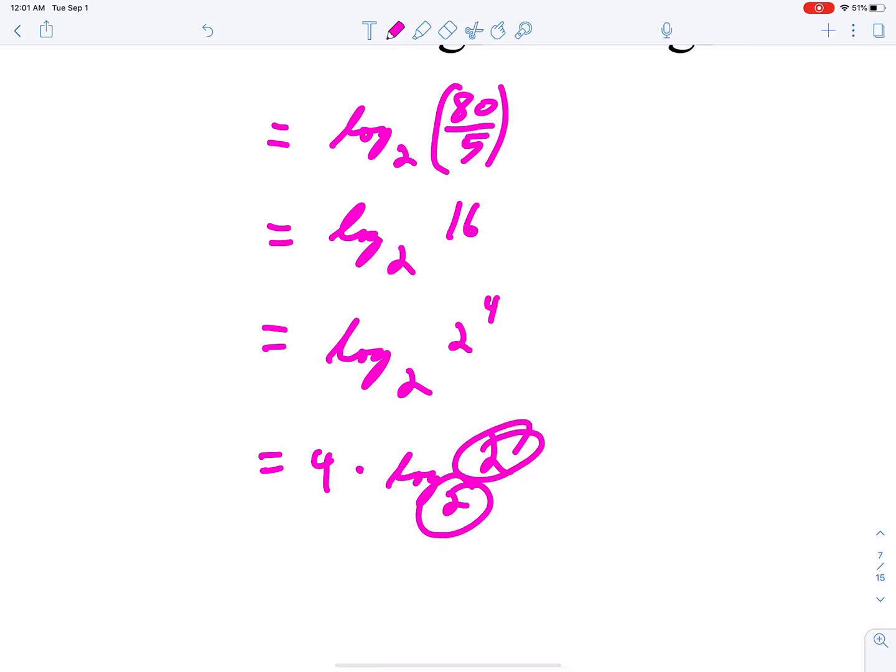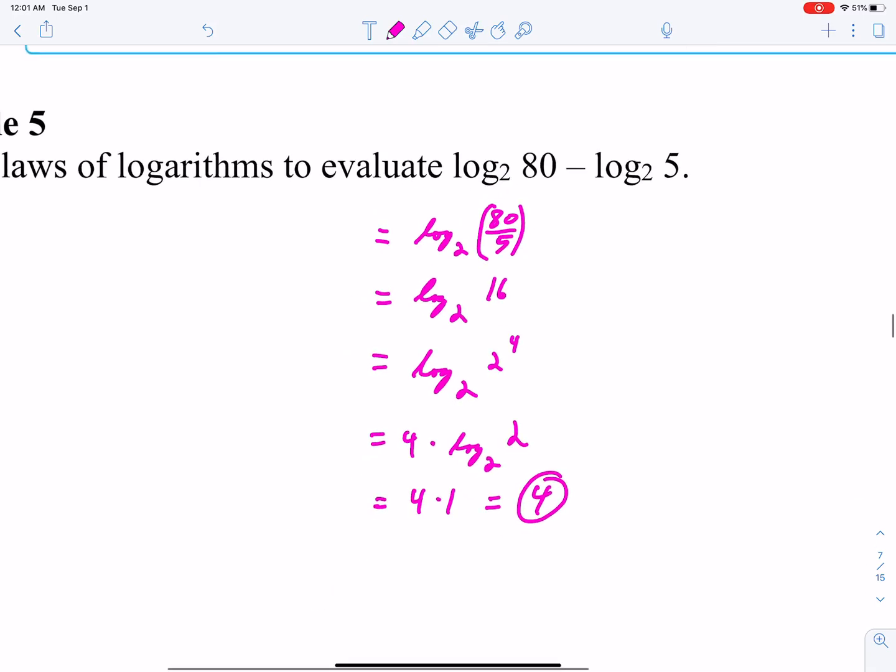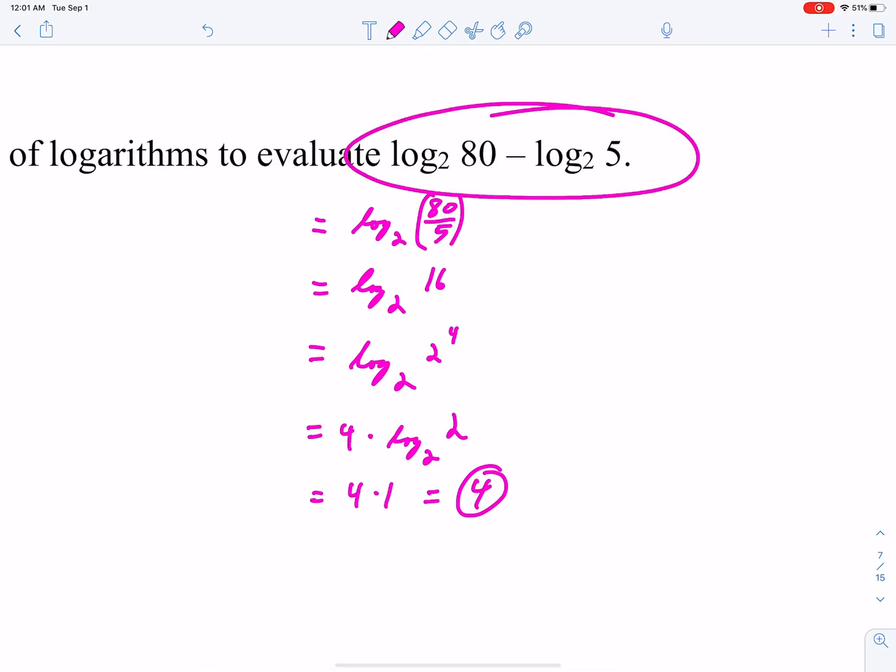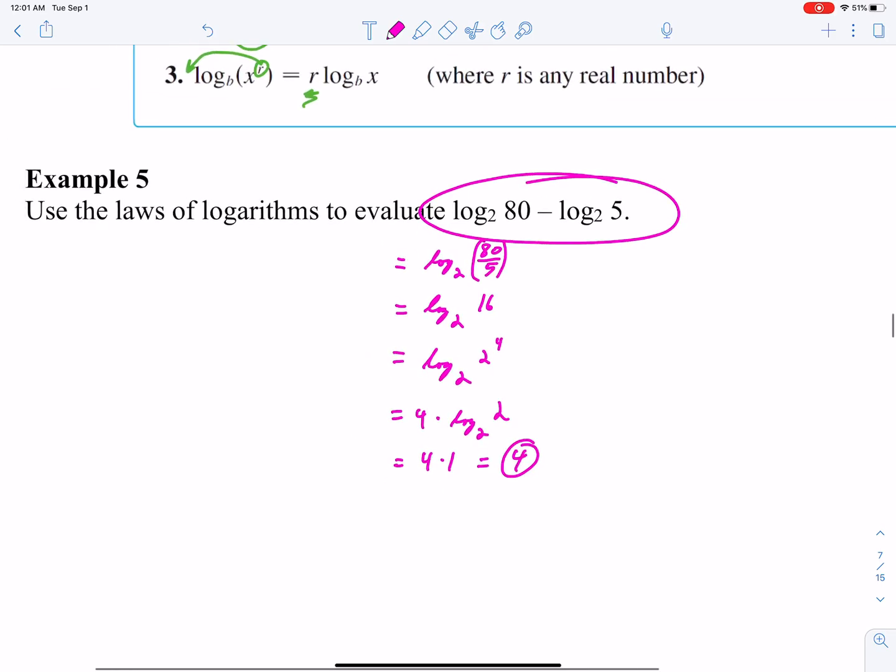When the base and the argument are the same, the answer is 1. So 4 times 1 equals 4. And there you go. So you took something actually pretty complicated there, and without a calculator, got it down to a single number. Again, this is what we're going to keep doing in calculus. Take things that we take for granted and look at them in different lights.